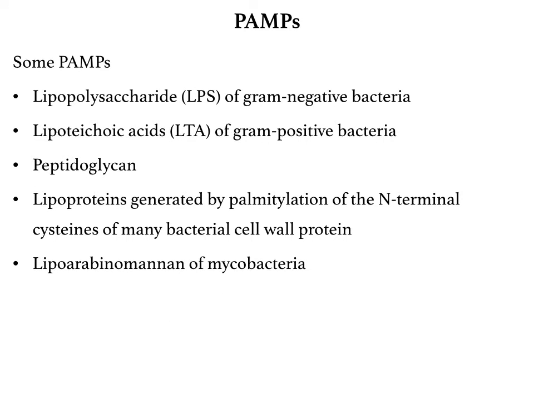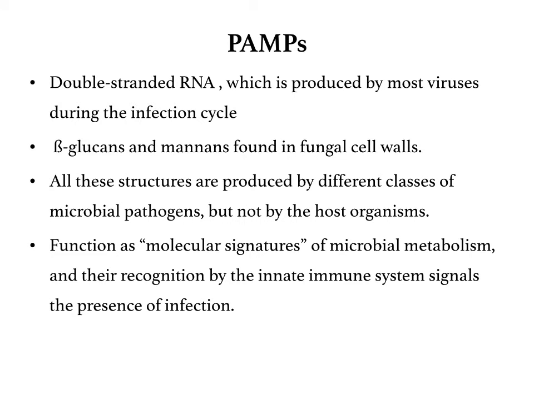Some of the best known pathogen associated molecular patterns include the lipopolysaccharides of the gram-negative bacteria, the lipoteichoic acids of the gram-positive bacteria, the peptidoglycans of the cell wall of bacteria, the lipoproteins that are generated by the palmitylation of the N-terminal cysteines of many bacterial cell wall proteins, the lipoarabinomannans of the mycobacteria, the double-stranded RNA, which is produced by most of the viruses during the infectious cycle, and the beta-glucans and mannans found in the fungal cell walls.